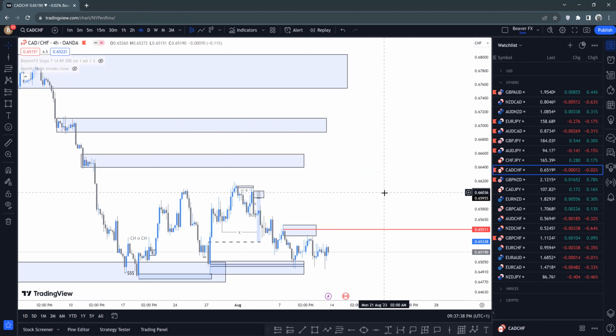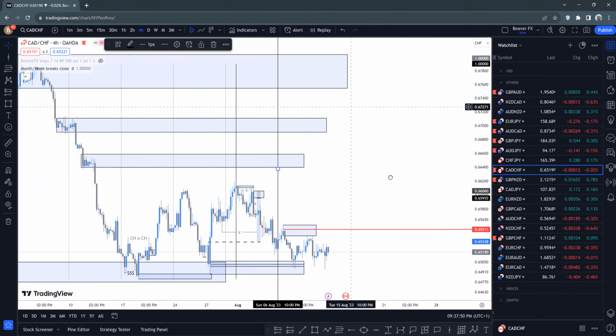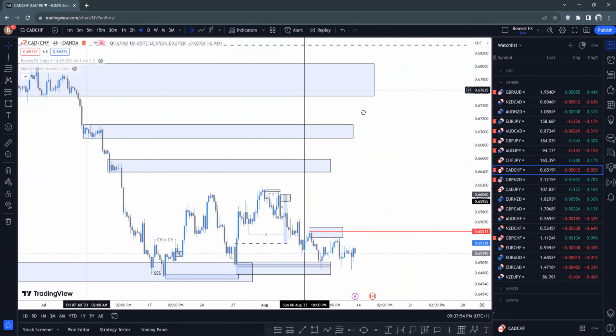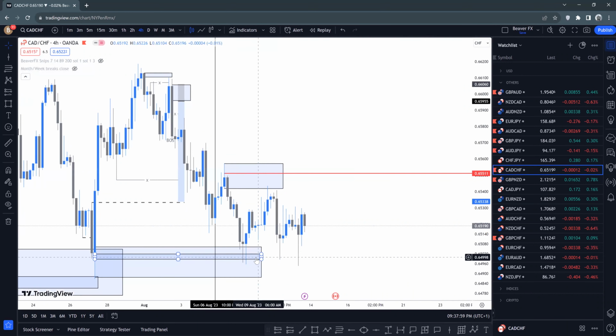So CAD/CHF, let's see. Let's close this. So now for CAD/CHF, this is a zone I drew that the market should react to. And looking at this, it reacted to it, but it didn't go too far.